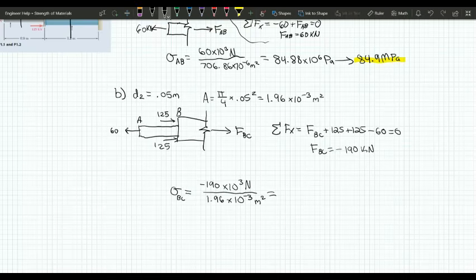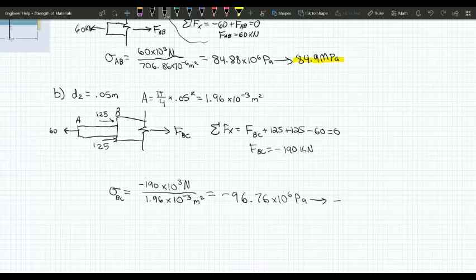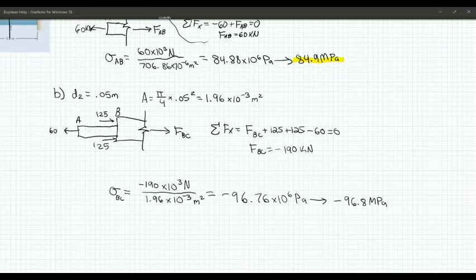And that should get you negative 96.76 times 10 to the 6 pascals, which is also the same as saying negative 96.8 megapascals. And there you have it.